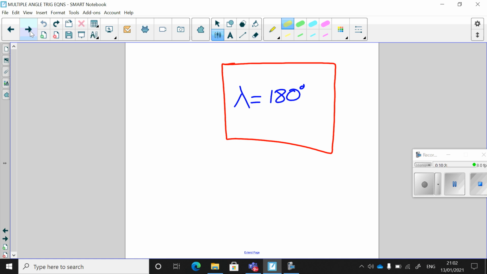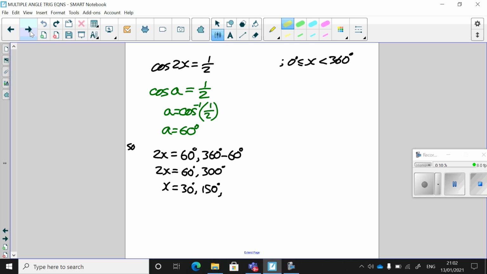So that's what we are going to add on to our two original solutions from the quadrants, the 30 and the 150. So don't think, oh, where's he got this page from? If you rewind, that's where we ended before we went back to the graphs.